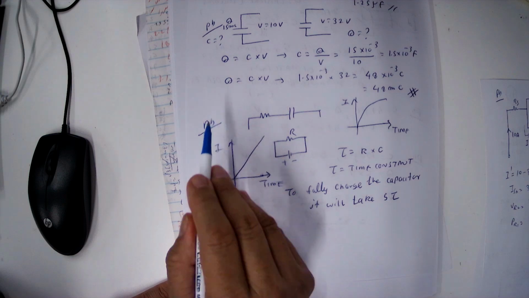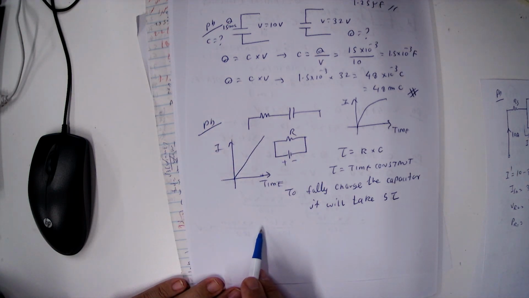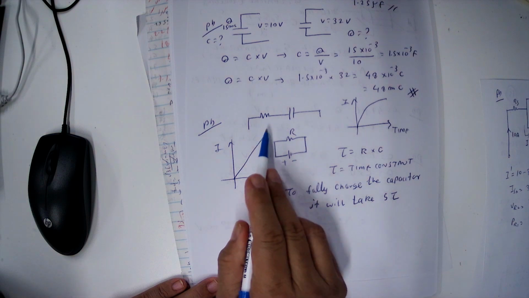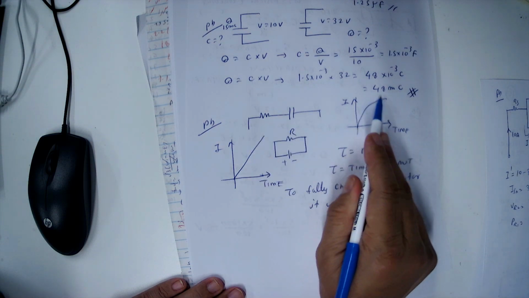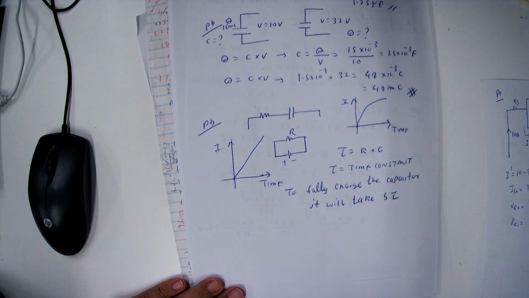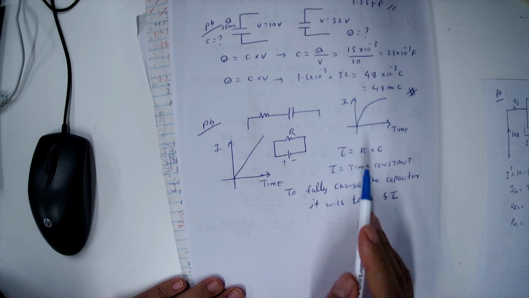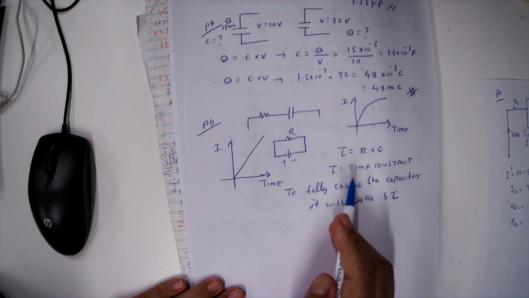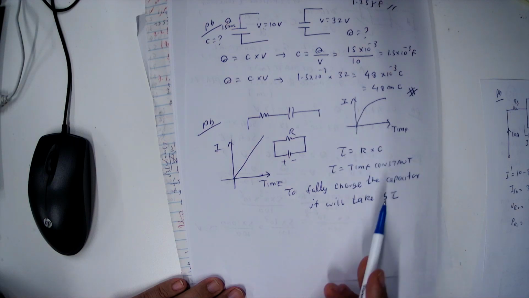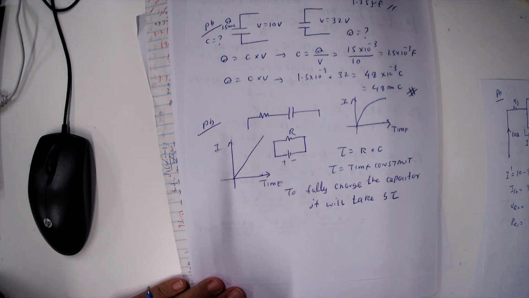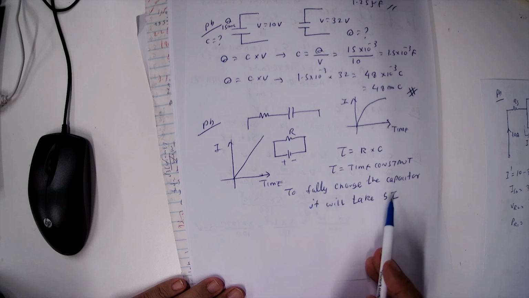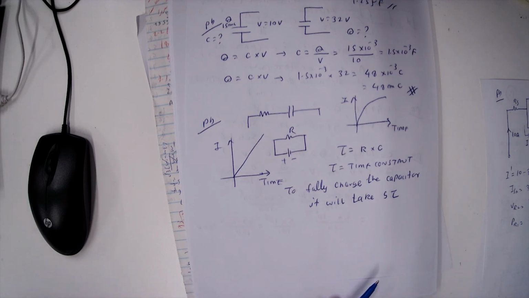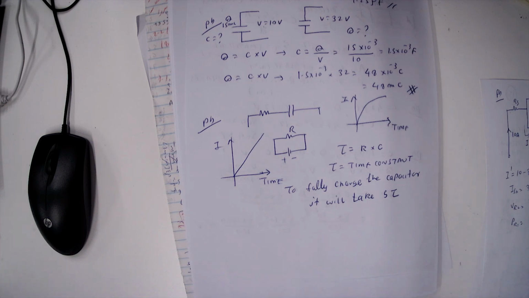The more the time, the more the current. But if you connect the capacitor and resistor in series, the curve will no longer be a straight line. It will go approximately to a curve. Because of this, it's called the time constant. It takes some time to reach a certain point. The time constant is calculated as resistance multiplied by capacitance value. To fully charge the capacitor, it will take 5 time constants. And based on this principle, we can do the problem.